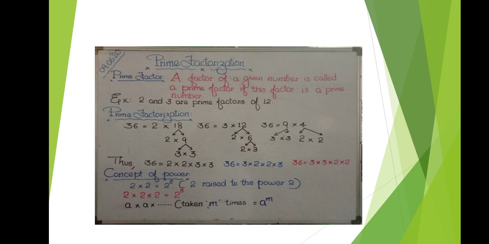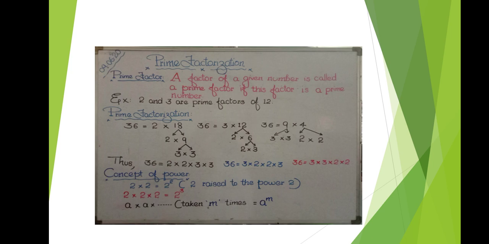Now let us factorize 36 in 3 different ways. 36 can be factorized as 2 into 18. And again 18 can be factorized as 2 into 9, and 9 can be factorized as 3 into 3.